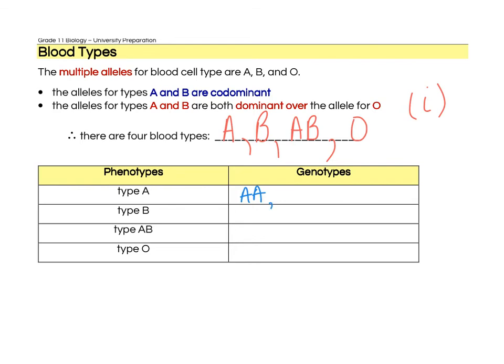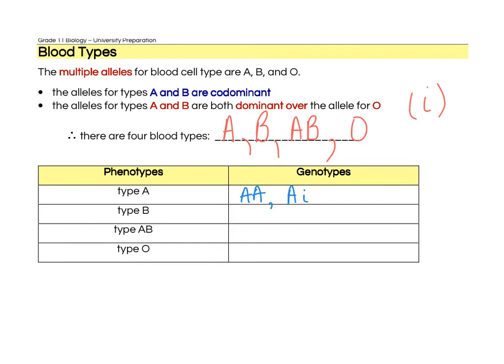I can also have the case of A being paired with my recessive O allele. Now, as I said, you can choose to either write that with an O, or you can just write it with a lowercase i, and that just helps you to remind yourself that O is in fact recessive. So those are the 2 genotypes that you can have if you have type A blood.